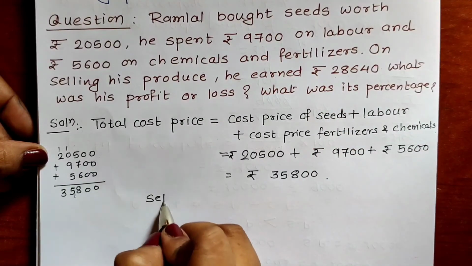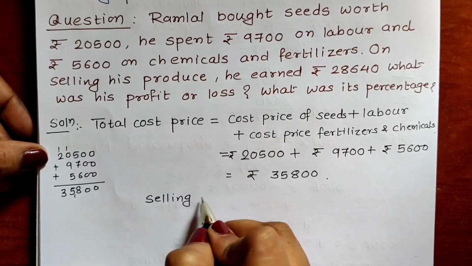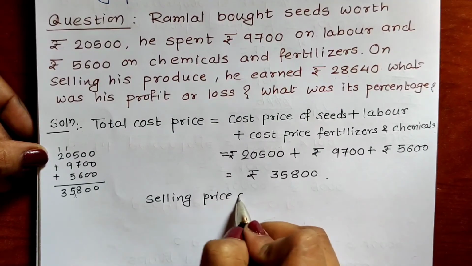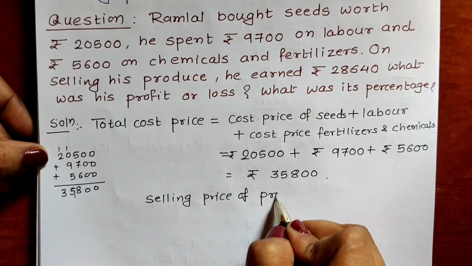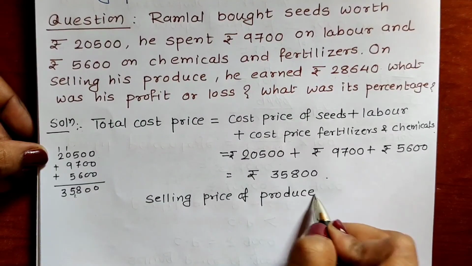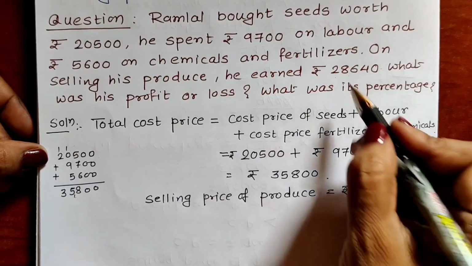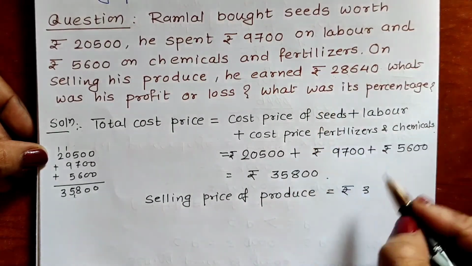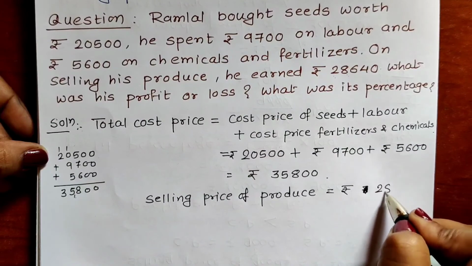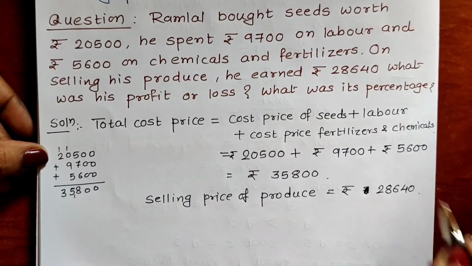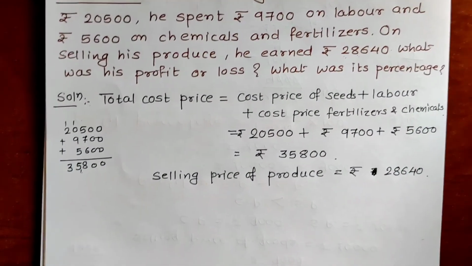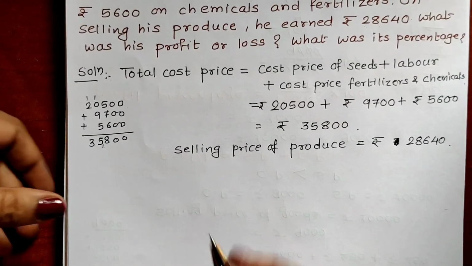Selling price of produce is equal to rupees 28,640. Okay, now let us write selling price and cost price once again.